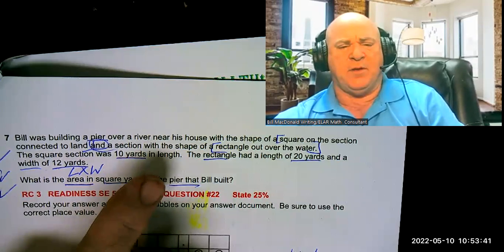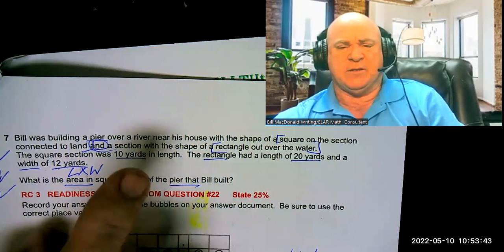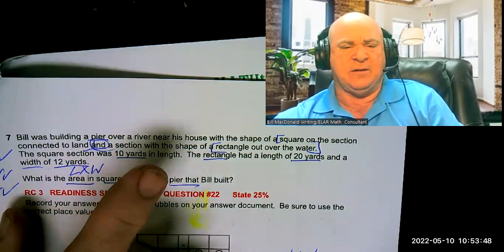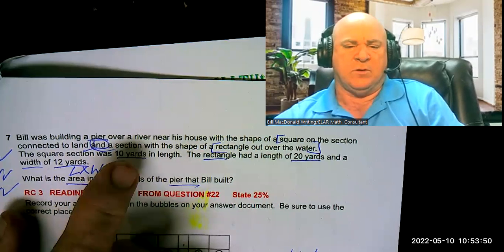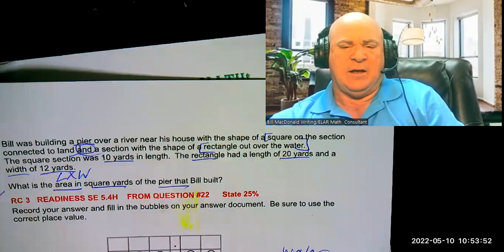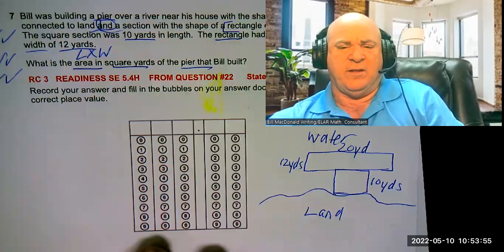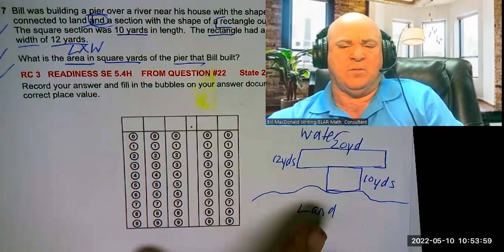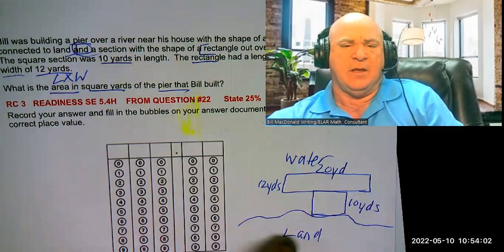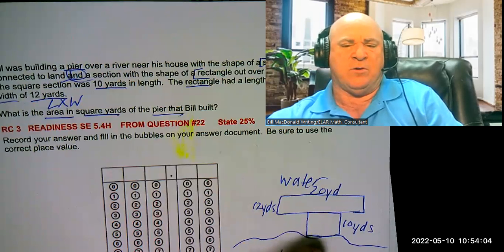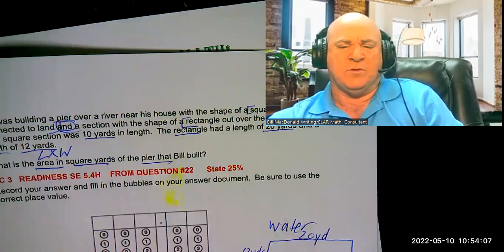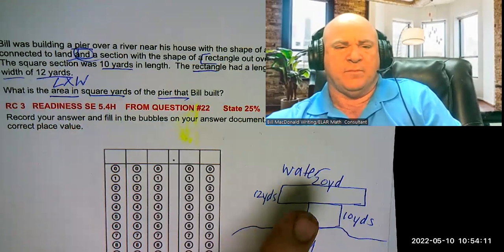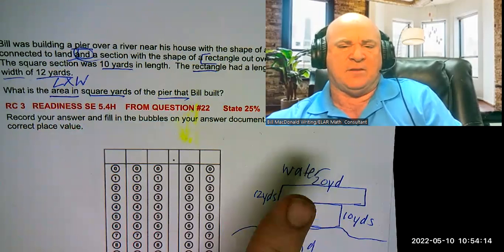Bill was building a pier over a river near his house with the shape of a square on the section connected to the land. So I already stopped and I drew a picture with a little wavy line with the word land on it. Here's the picture of the square and the shape of a rectangle out over the water. So there's my rectangle, and I drew the word water, and then they're going to give us the dimensions.